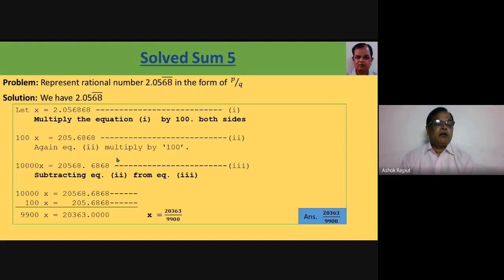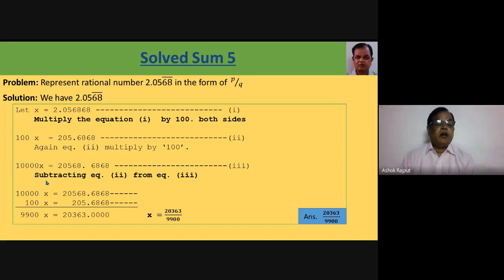So here are 4 zeros, 1, 2, 3, 4. It is 10,000 x equal to 20,568.6868 up to infinite. After decimal we are saying digits are same.